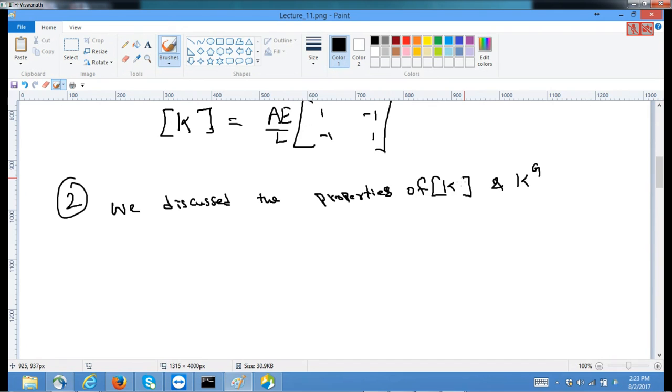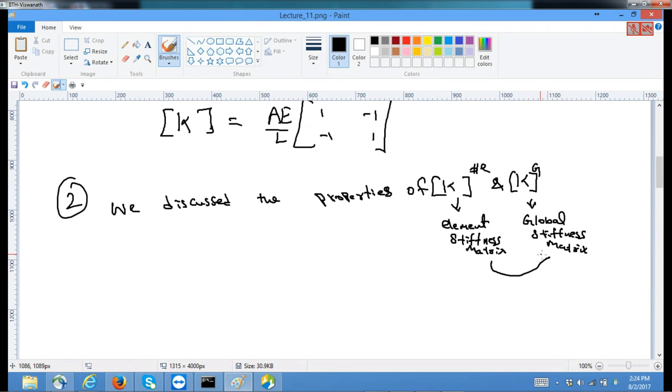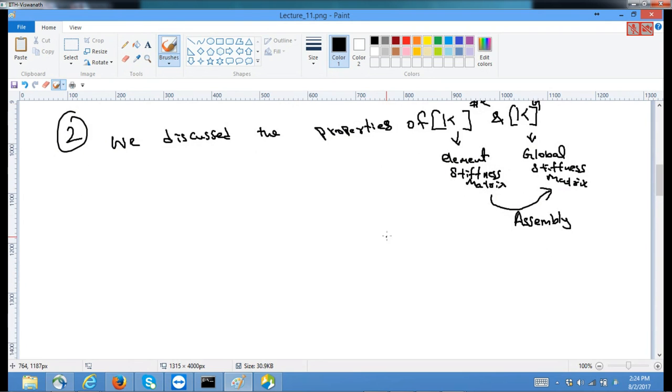K is the element stiffness, and K_g is the global stiffness matrix. From here to here we achieved it using assembly. After we discussed the properties of the K matrix, we assembled the structure and we solved an example.